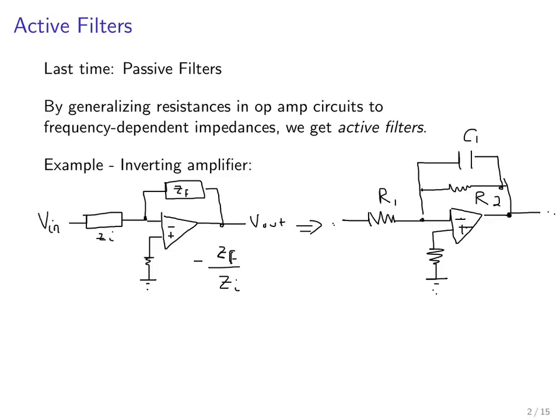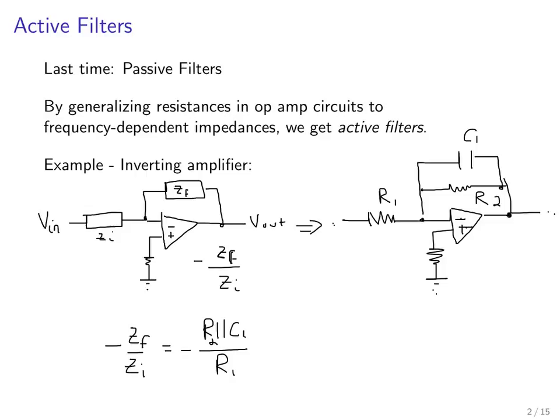So the transfer function of this guy is going to be minus ZF over Z in, where ZF is the parallel combination of R2 and C1, divided by R1.